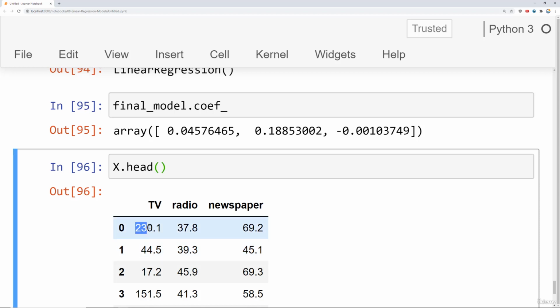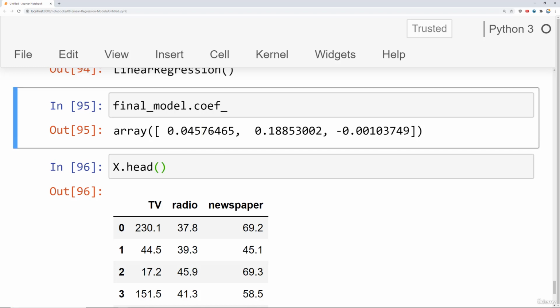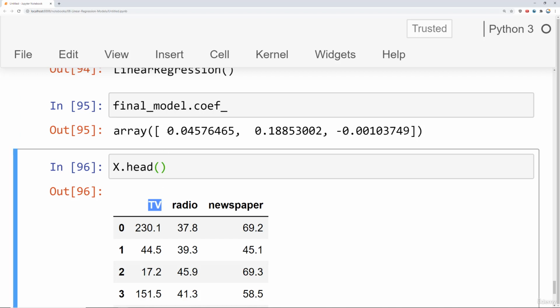So if we go from 230 to 231, holding radio and newspaper fixed, that means we would expect an increase of 0.045 in sales. So again, the coefficients basically mean, if they're positive, that an increase of 1 unit of that particular feature results in an increase of 0.045 sales units.